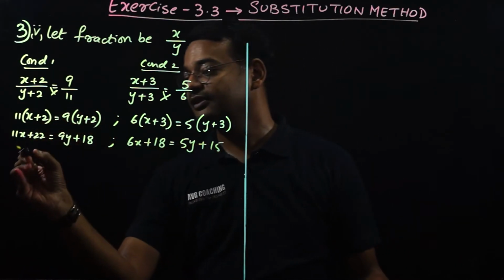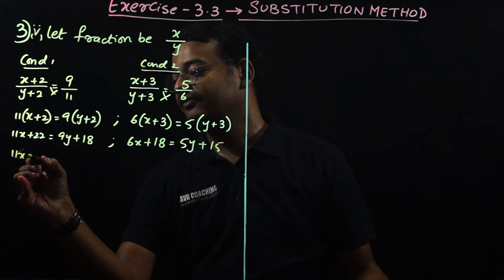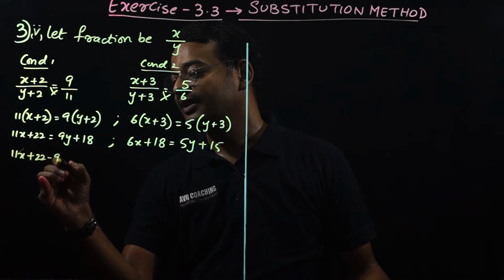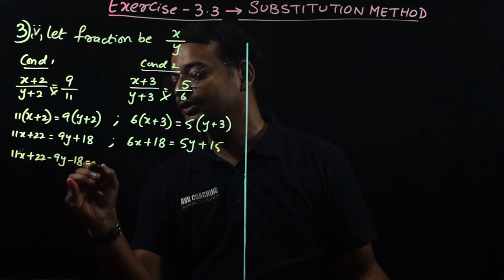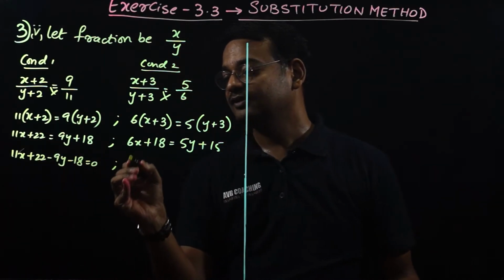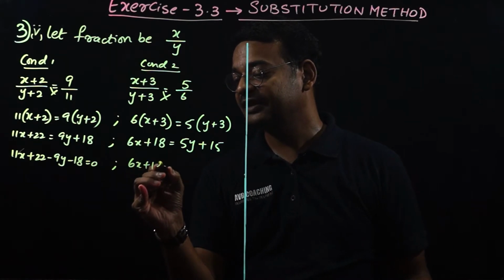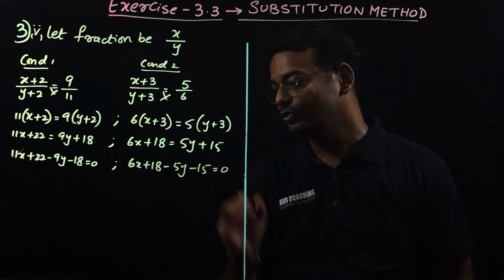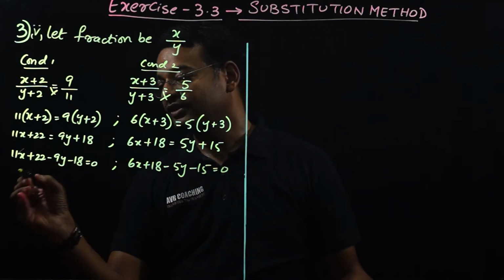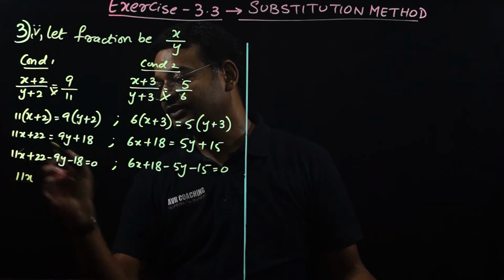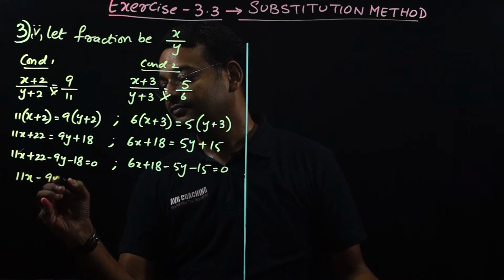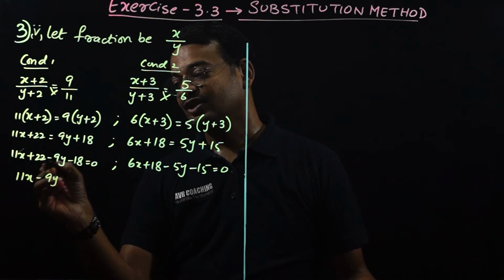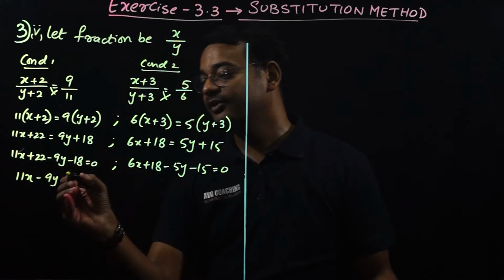Now if you bring everything to the left hand side, this will be 11x plus 22 minus 9y minus 18 equal to 0, and 6x plus 18 minus 5y minus 15 is equal to 0. So 11x stays, and this is 9y. 22 minus 18 will be 4.